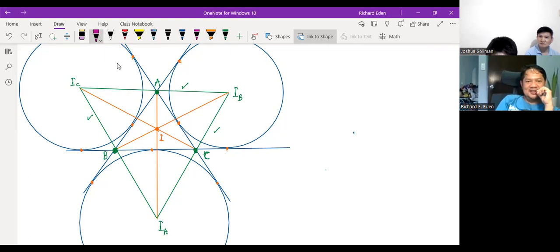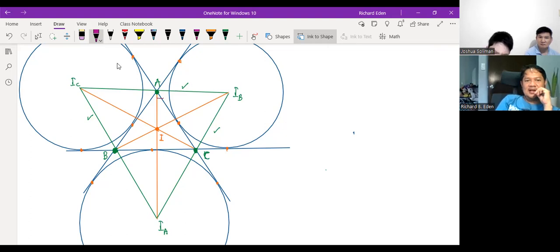Look, what angle is formed at a vertex by the external angle bisector and the internal angle bisector? You pointed it out earlier: 90 degrees.